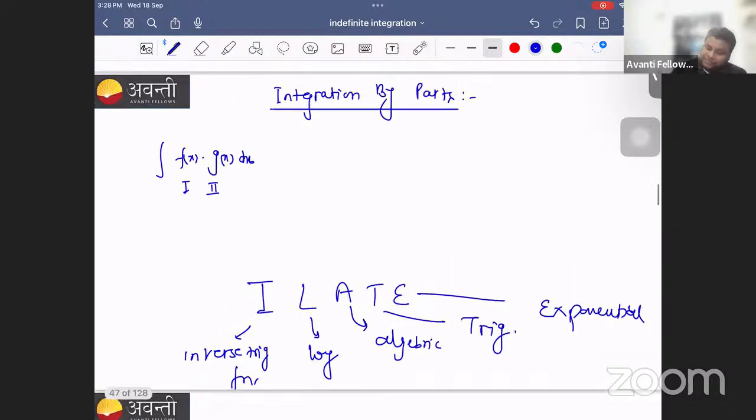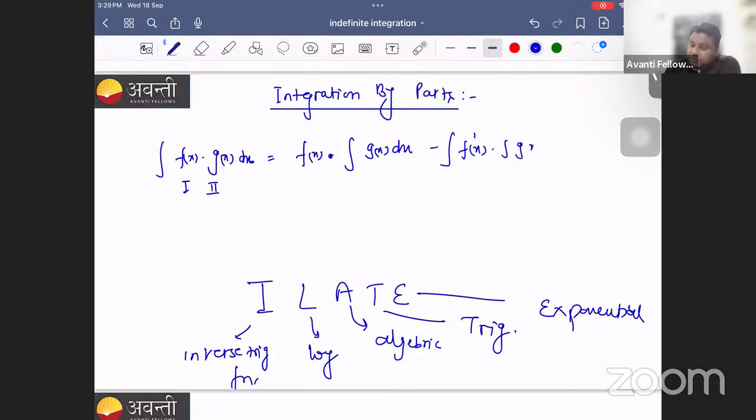So see, fx into gx dx, it is what? First into integration of second, minus integration derivative of first, integration of second, whole integration. Got it?